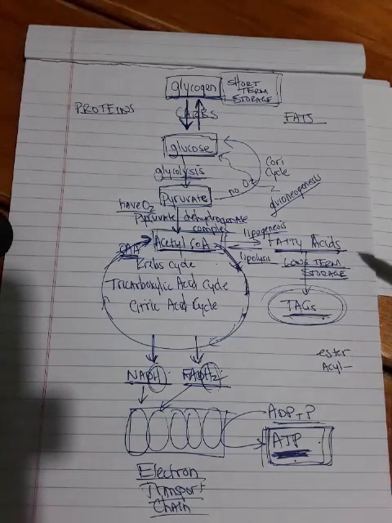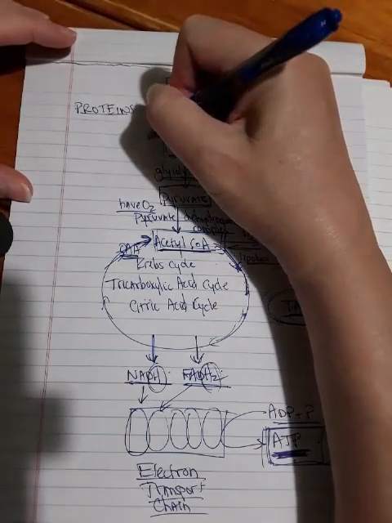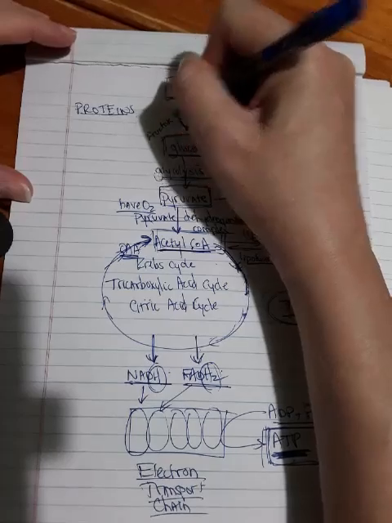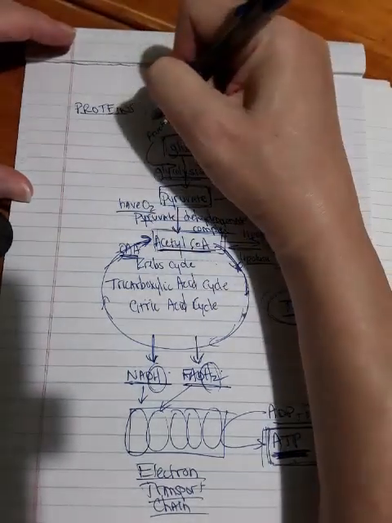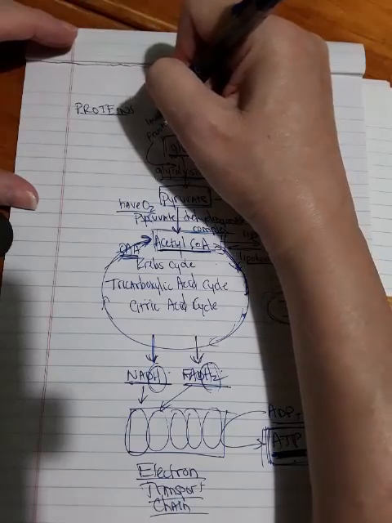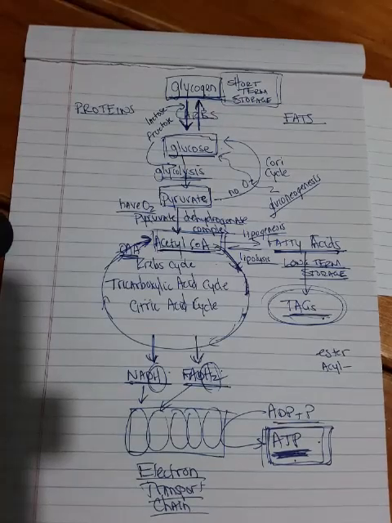Then we said, okay, well, hang on here. Glucose isn't the only carb in the world. We're going to have some other carbohydrates. We're going to have things like fructose. We're just going to have to do a couple steps, feed into the glycolysis story. We're going to have lactose or galactose. Couple steps, feed into the glycogen story.